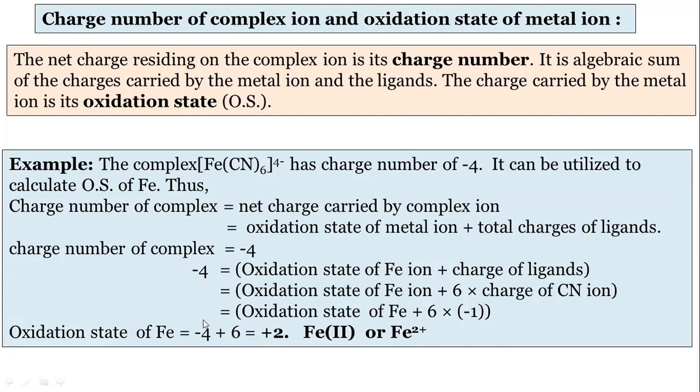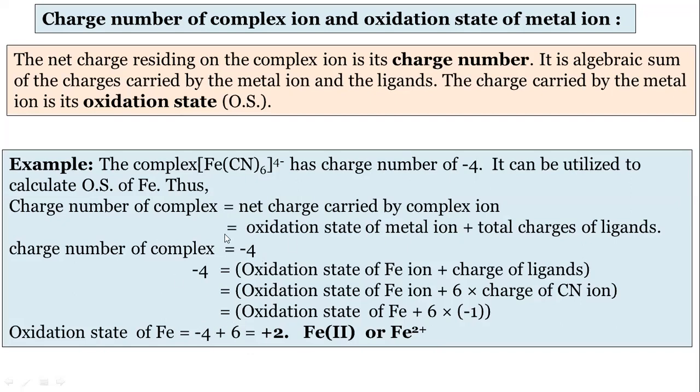It is a simple numerical process, and we get +2. This +2 is the oxidation state of the metal ion, and it is always written in Roman numerals in brackets, so Fe(II) or Fe2+. This Fe2+ is the oxidation state of Fe.